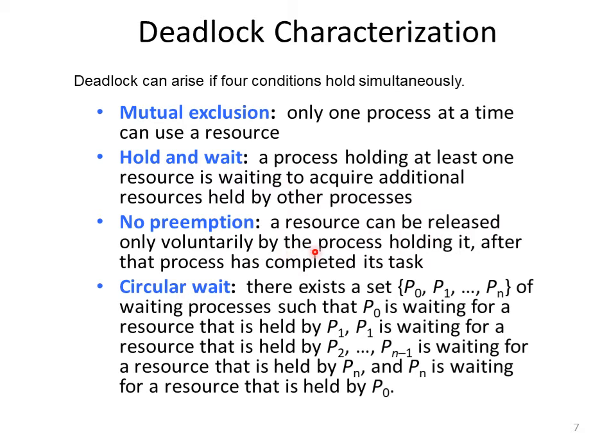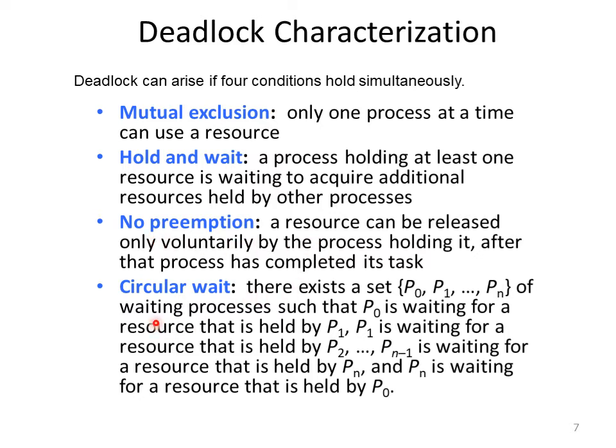A resource can be released only voluntarily by the process holding it after that process completes its task. That is, process P1 is having one resource R1. It can release R1 only after completing the use of the resource R1. In between, it cannot release that resource R1. So we call it as a no preemption.